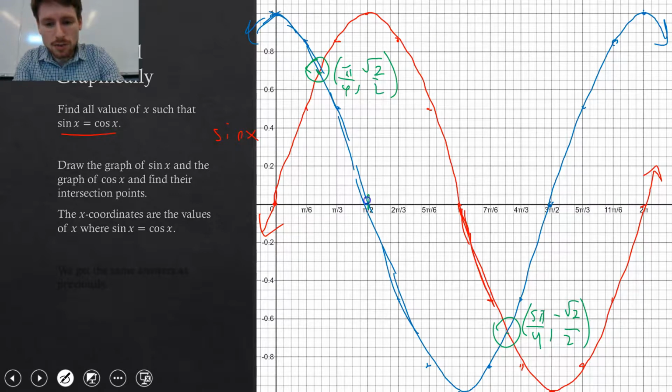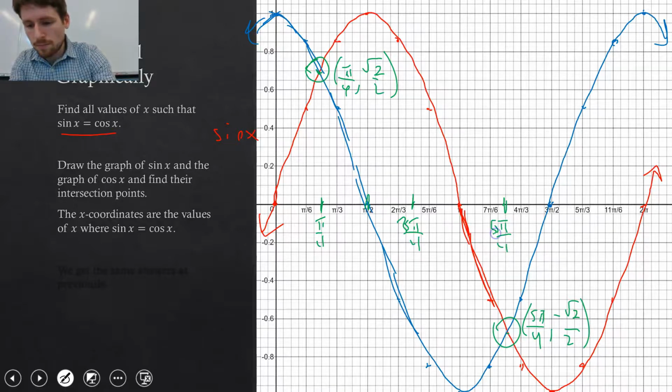We have pi over 2 right here. This is pi over 4, halfway to pi over 2. This is 3 pi over 4 right here. And then we have 5 pi over 4. This is 4 pi over 4, this is 5 pi over 4, 6 pi over 4, and that's 7 pi over 4 over here.